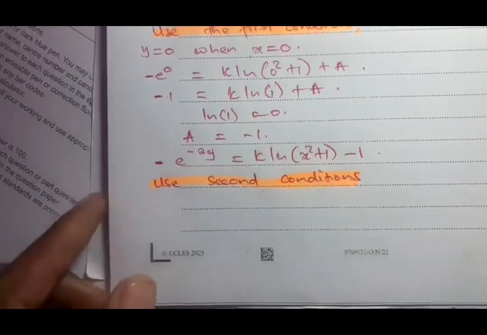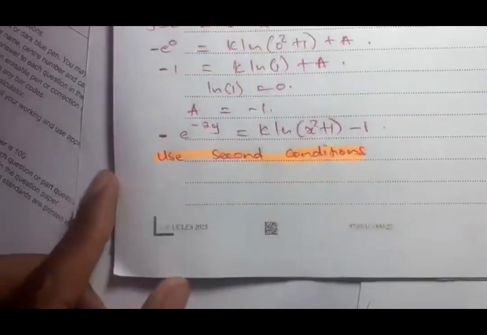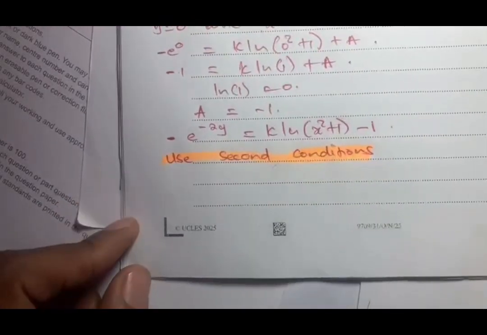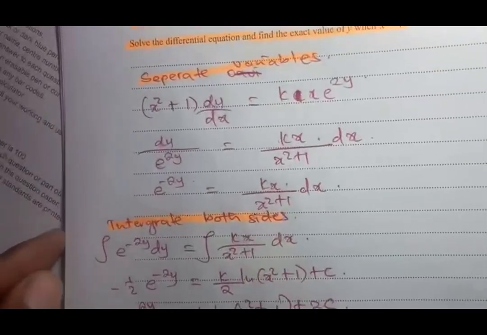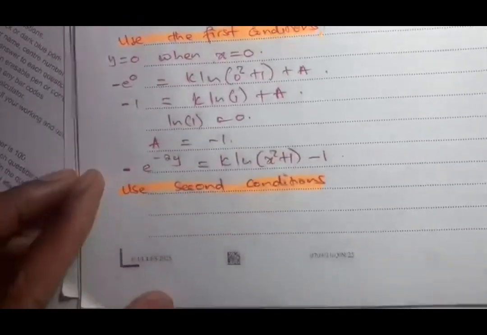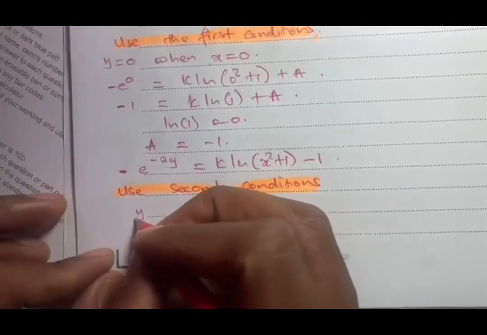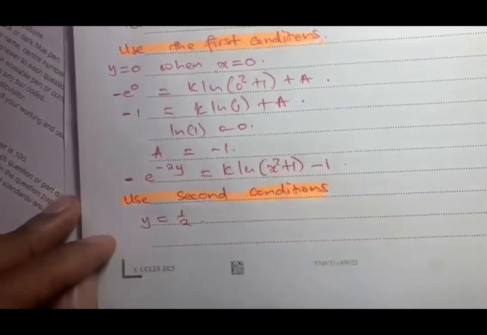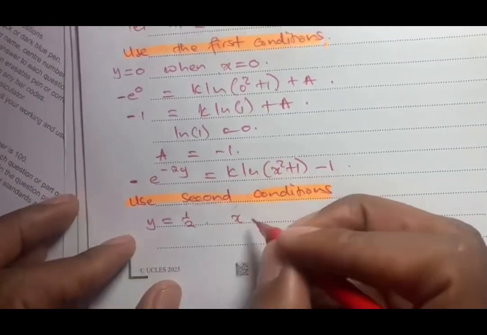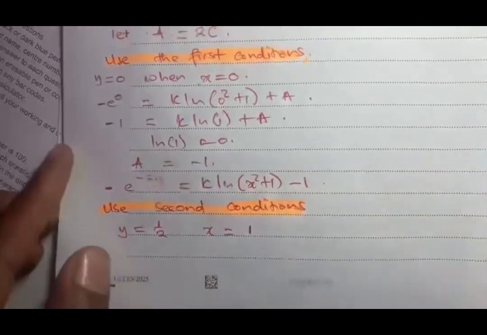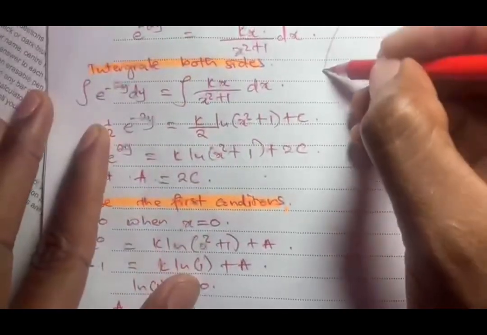The second condition is actually saying that when y is equal to minus 1 half, x is equal to 1.